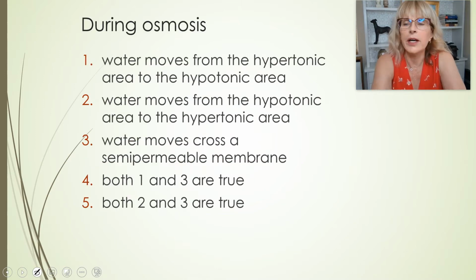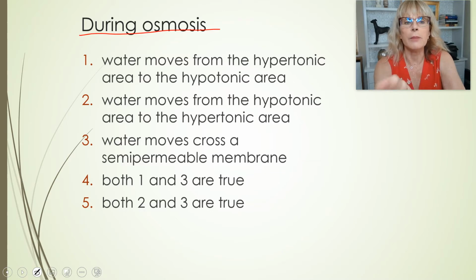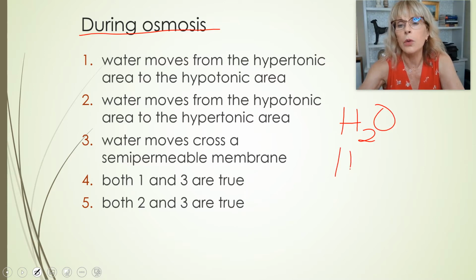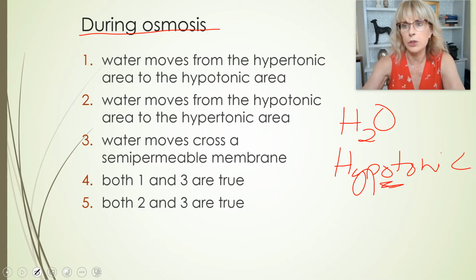Okay, so go ahead and pause the video, work through it on your own, because I'm going to tell you the answer. Okay, during osmosis, water moves from the hypertonic to the hypotonic. Okay, remember, water, H2O, is the hypotonic one, right? H2O, hypotonic.